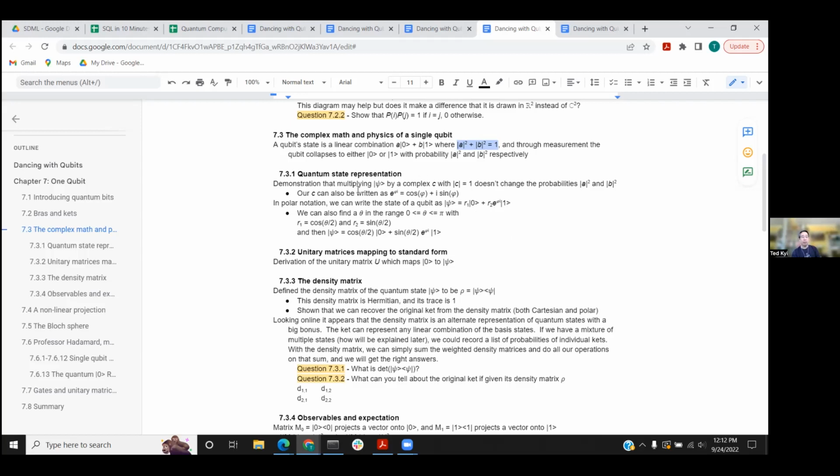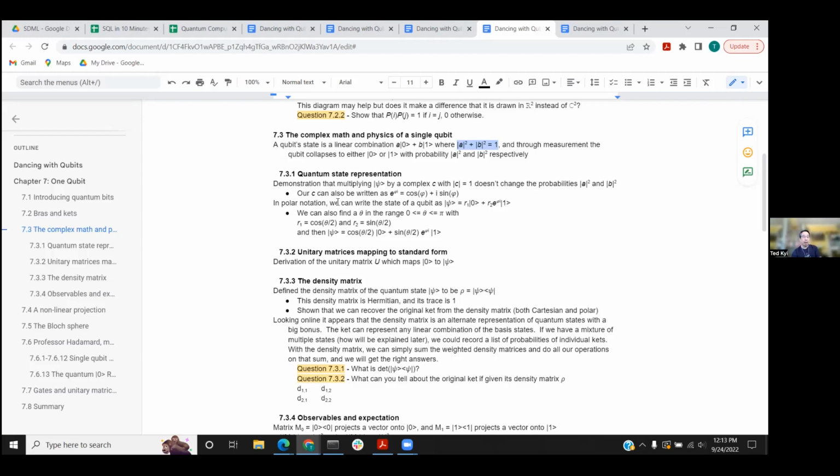So one way that we show this extra dimension that we don't care about is that there's a series of equations showing that if you multiply a qubit state by a complex number C where the absolute value of C is 1, so it's a unit complex number, then it does not change the values of A and B. And so this constant doesn't change anything for the purpose of quantum computing.